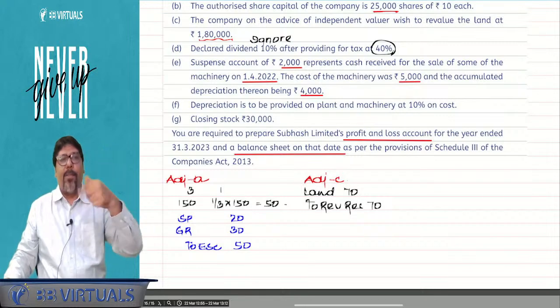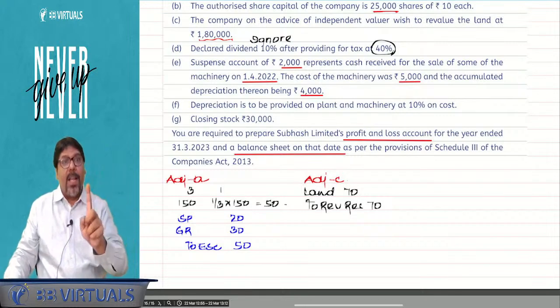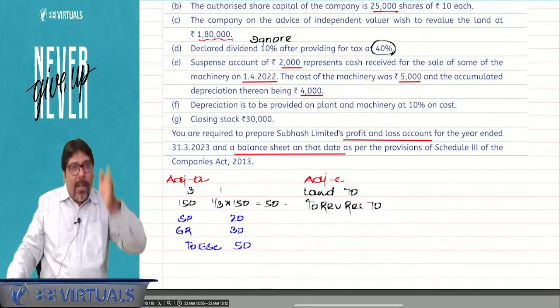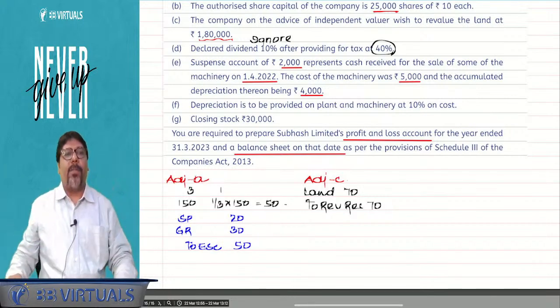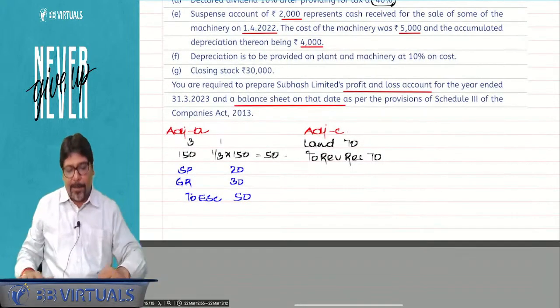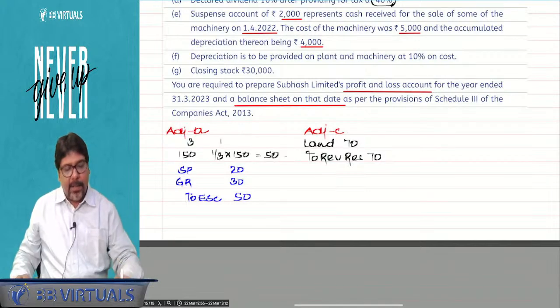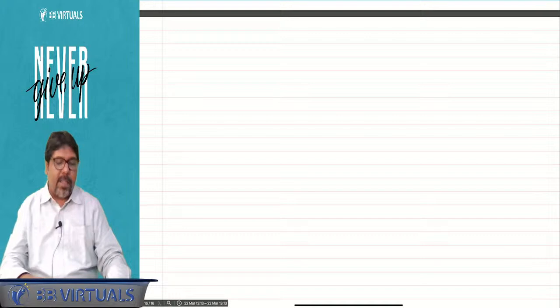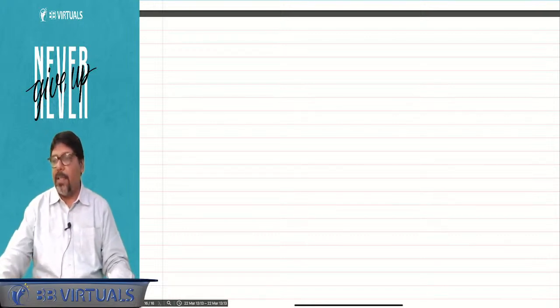A 5,000 asset, 4,000 depreciated, so you are left with 1,000. You sold the 1,000 asset for 2,000. That means there is profit or loss? Profit. Of how much? 1,000. Correct. We did this adjustment in the previous question yesterday also.